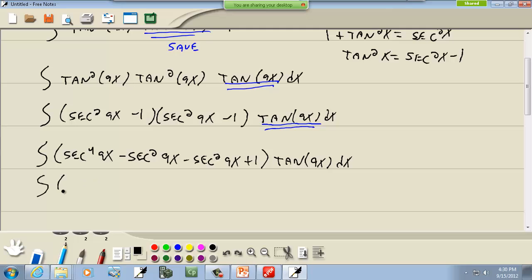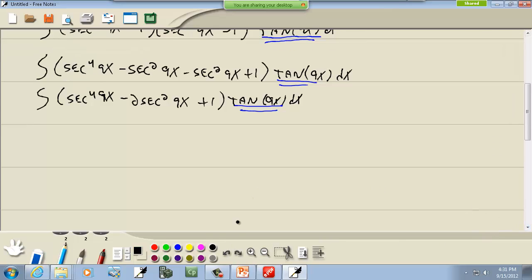Which gives us secant to the 4th minus 2 secant squared plus 1, then tangent dx. Again, this is our save part, so don't lose track of that.